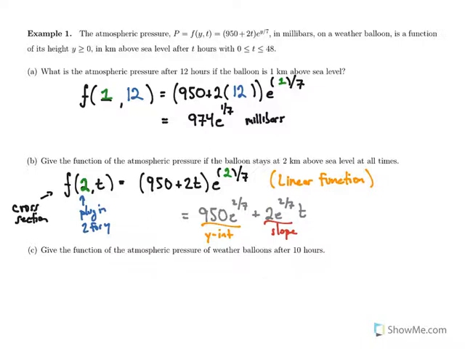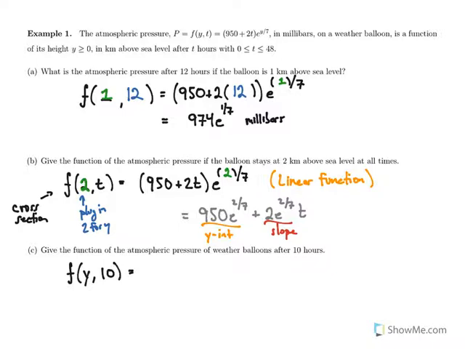Now let's do the same thing, but now let's fix a value of t. Because that's what a cross section is doing, we're fixing the value of one variable so we can let the other variable range. So here we're going to track the pressure only looking at t equals 10 hours. So this time y is going to range, and we're going to have t equals 10.